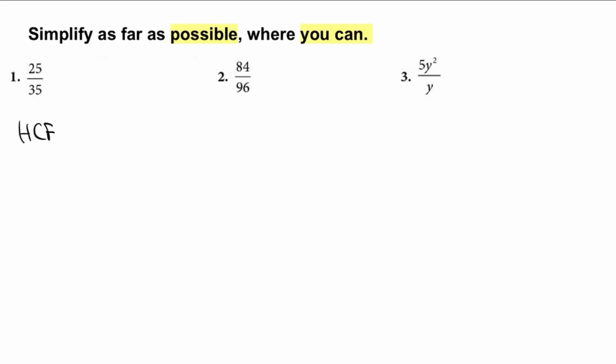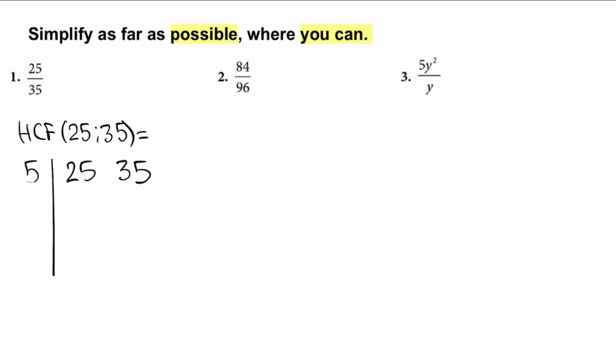Question number 1. First of all, let's find the highest common factor of 25 and 35. So we write 25 and 35. Both of these two numbers are divisible by 5.